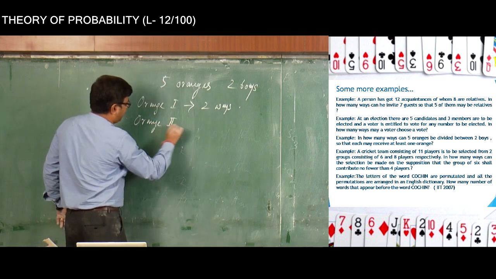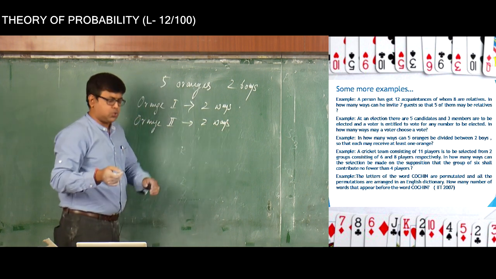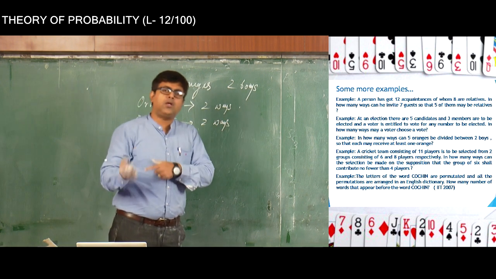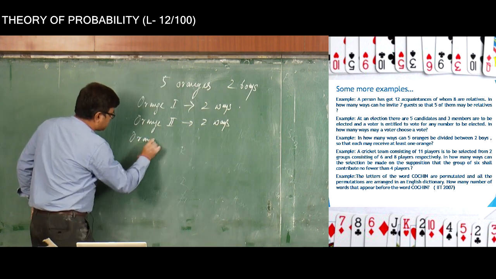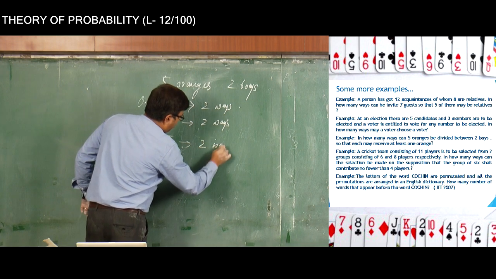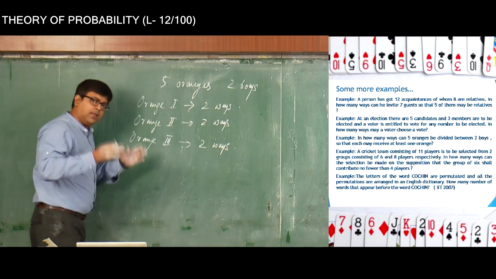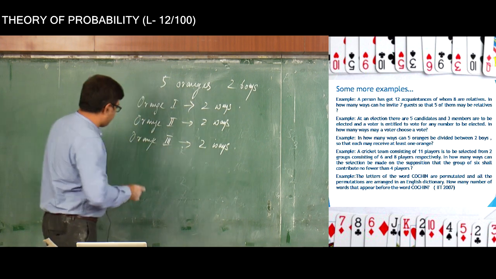For orange 2 also there are 2 ways of disposing it. Either you give the second orange to boy 1 or to boy 2. Similarly, for orange 3, either you give it to boy 1 or boy 2. So, again there are 2 ways of distributing that particular orange to the 2 boys.